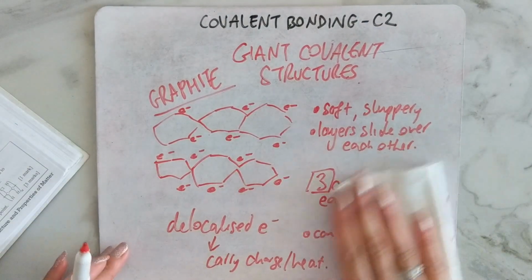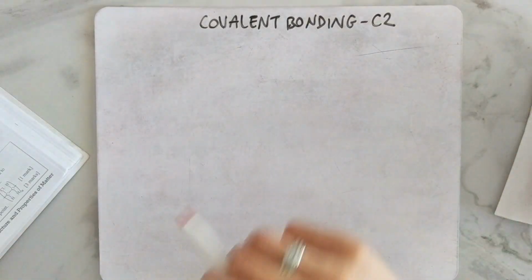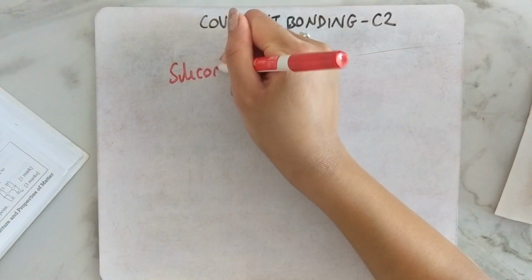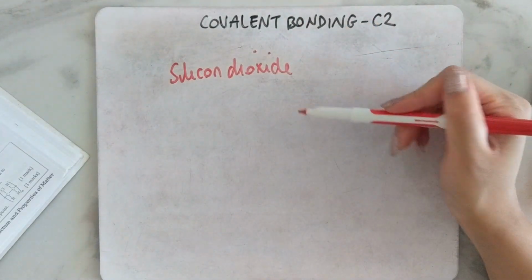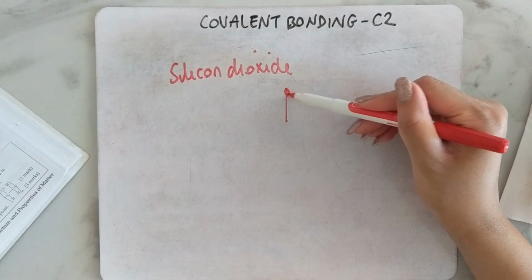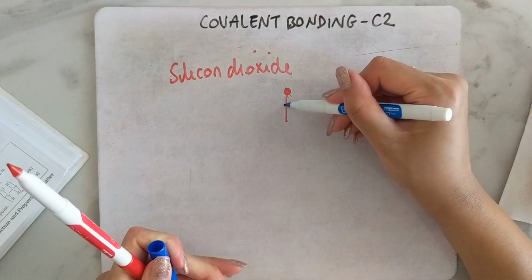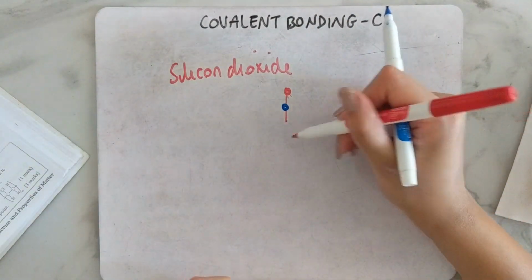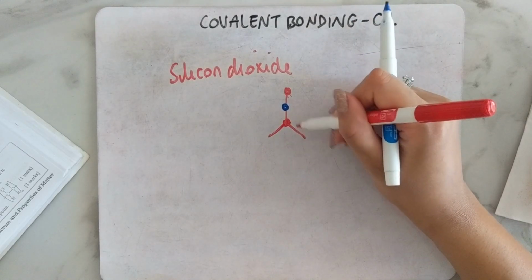Okay, last one then. So silicon dioxide has exactly the same structure as diamond. However, this time, if I just get a different colour, it's made out of oxygen and silicon.